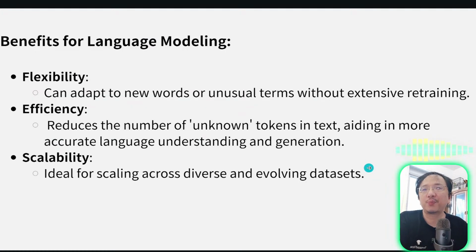The benefit of using this BPE tokenizer for large language models is flexibility. It can adapt to new words or unusual terms without extensive retraining. Because even if you have a new word, you may not even need a new tokenizer, since it can still be encoded one way or another.